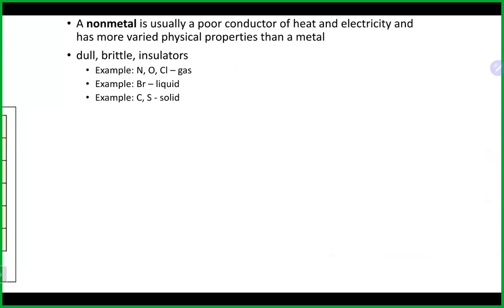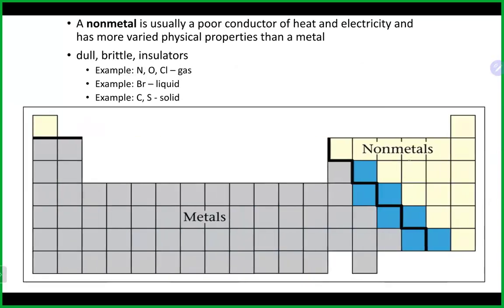If we look to the upper right of that staircase, that is where we find nonmetals. And nonmetals essentially have the opposite characteristics of metals. They are dull, they're brittle, they are bad conductors of heat and electricity. Also different than metals, nonmetals come in a pretty wide variety of states.